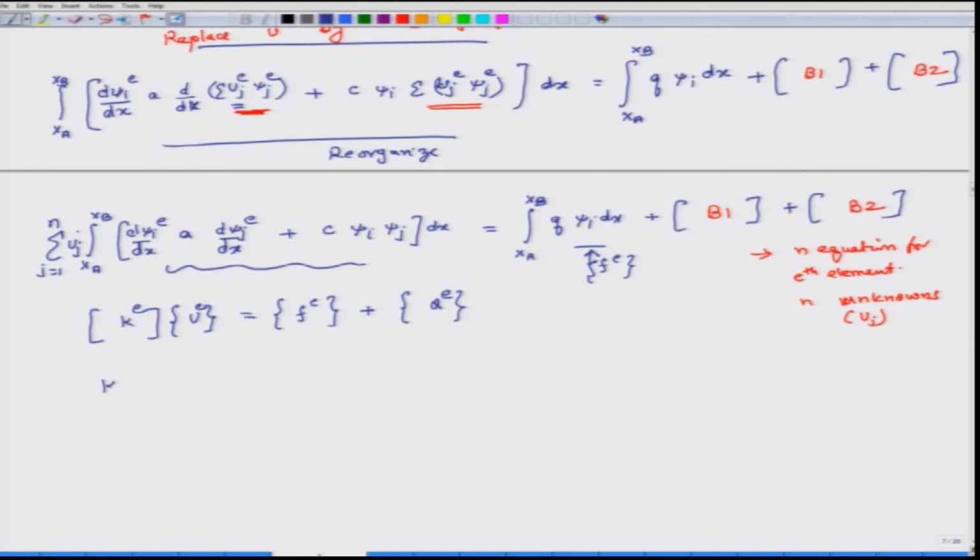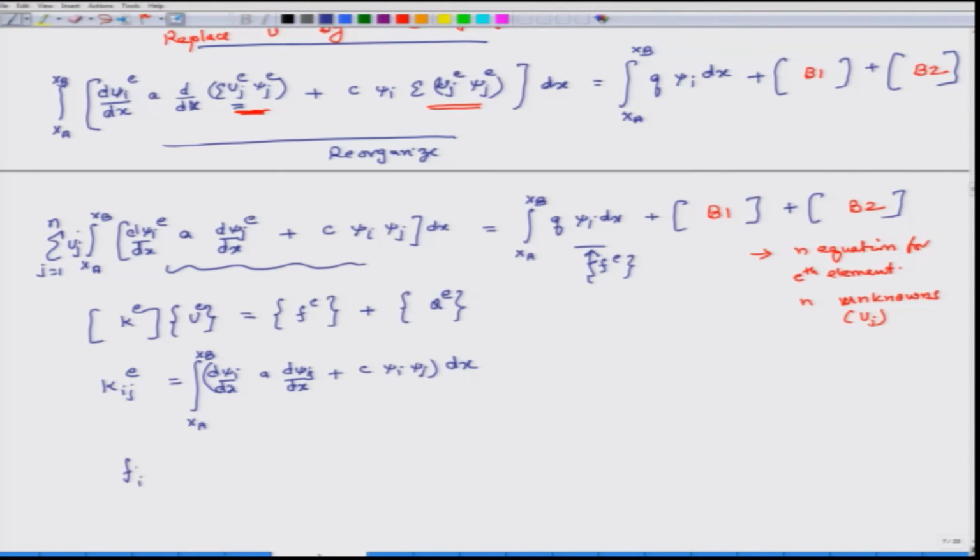So, here Kij for the eth element is the integral of d psi I over dx times a times d psi j over dx, plus c psi I psi j. So, this is the definition of K matrix.